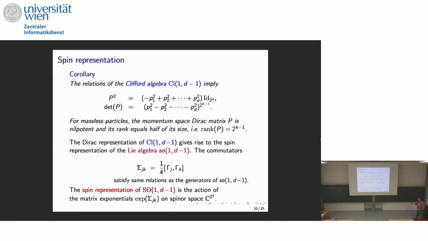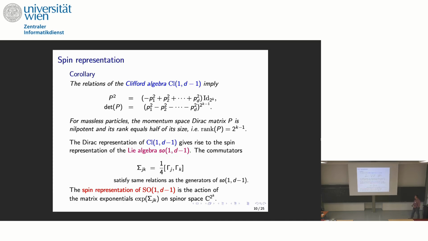All right, so this gives a representation. How to see this? Well, if you take the commutator of our two big matrices, gamma j and gamma k, and then for good measure you scale by 1/4, the resulting big matrices satisfy exactly the relations of the Lie algebra of SO(1, d-1). Now, once you have a representation of a Lie algebra, that is to say, the linear space, you can get to a representation of the Lie group by applying the exponential map.